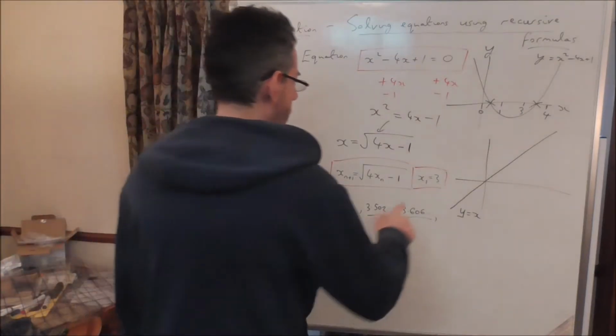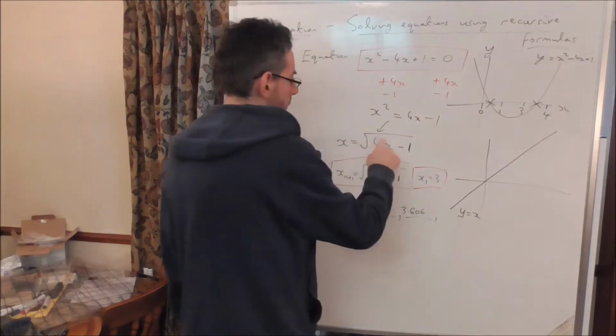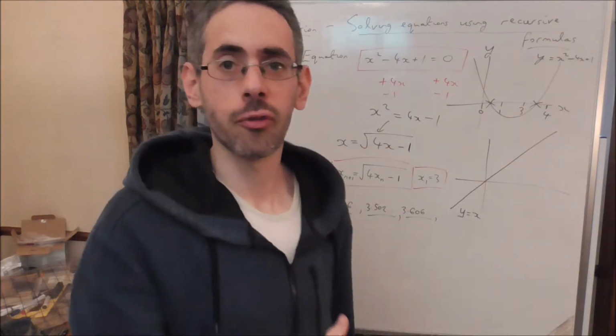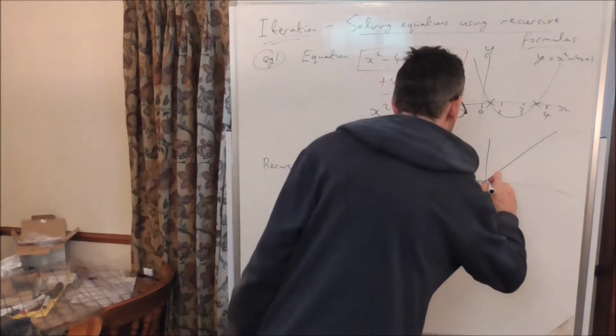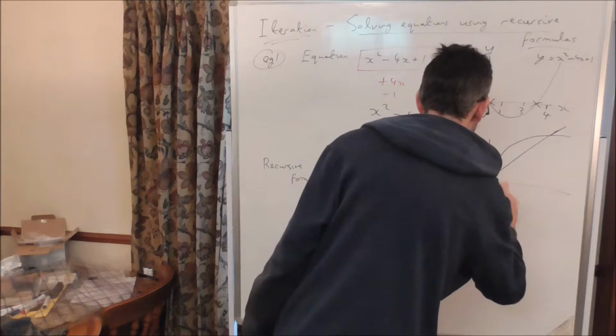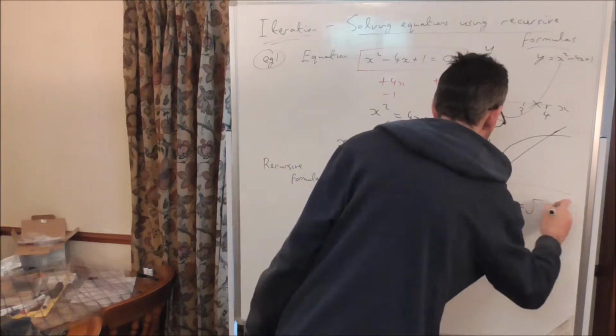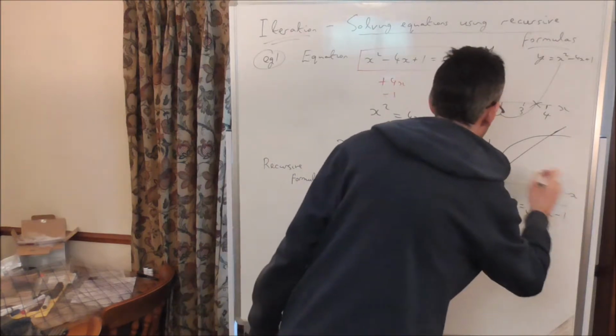Well, the square root of x graph looks sort of like that. The graph of square root of 4x minus 1 is basically that graph slightly shifted and slightly squashed as well. It looks sort of like this. Something like that. So y equals the square root of 4x minus 1. X-axis, y-axis.